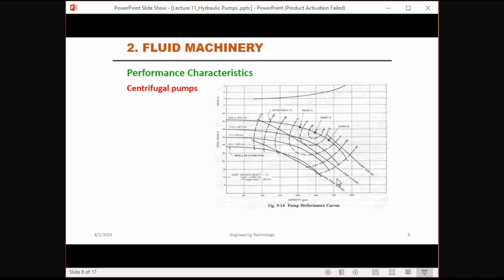These lines help determine the power required to operate the pump at different points on the performance curve. Matching the pump operating point with the available motor power is crucial to avoid overloading the motor.